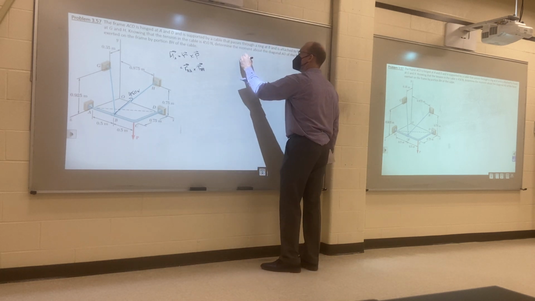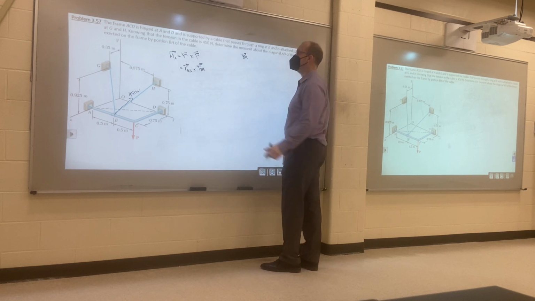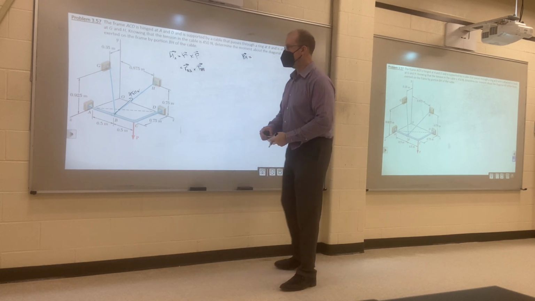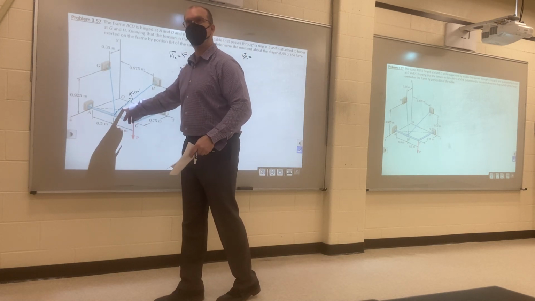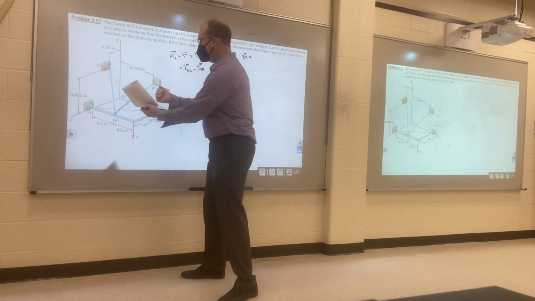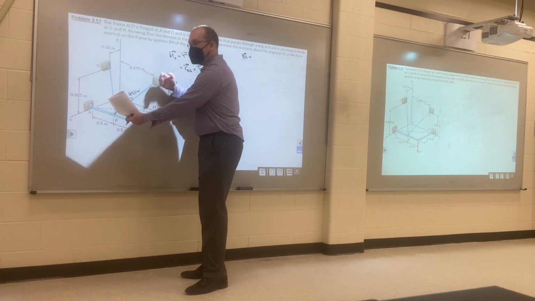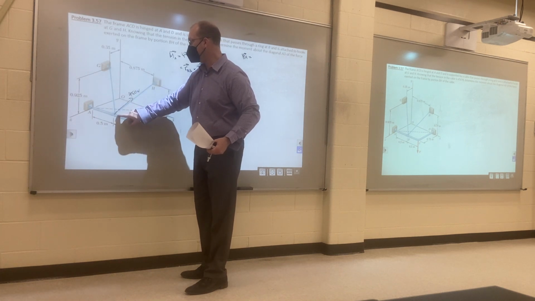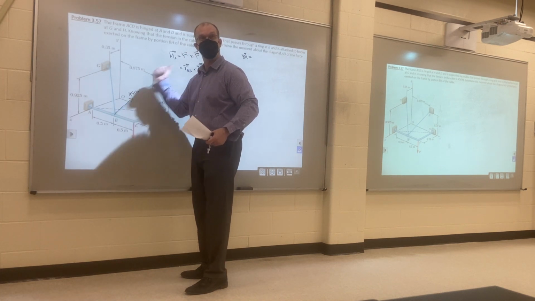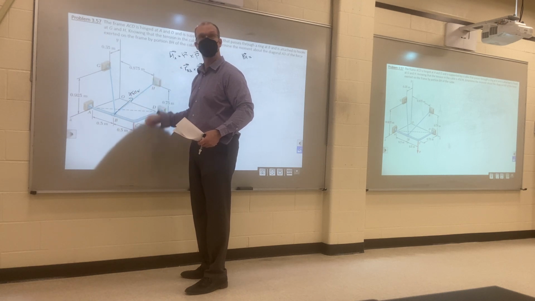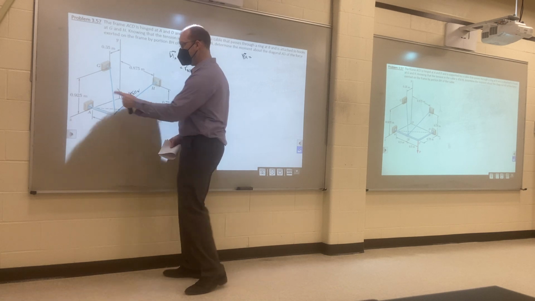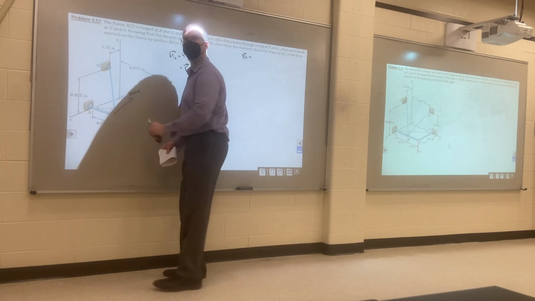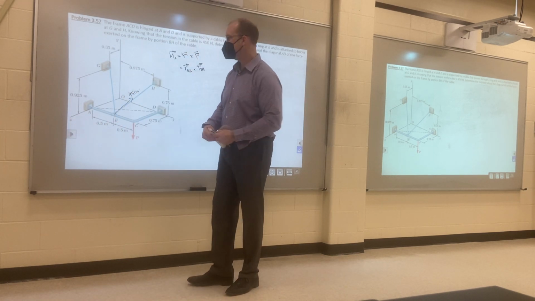Again, unit vector, because we need to break that 450 Newton force into its rectangular components, to go from B to H, and yes, it's going to look like that, the arrow, right? The cable's in tension. I remove the cable, and I replace it with a force there. It's going to be equal and opposite, acting along that line of action of the cable, right? That's the free body diagram. I'm going to find this moment, and I'm going to project it onto that axis.